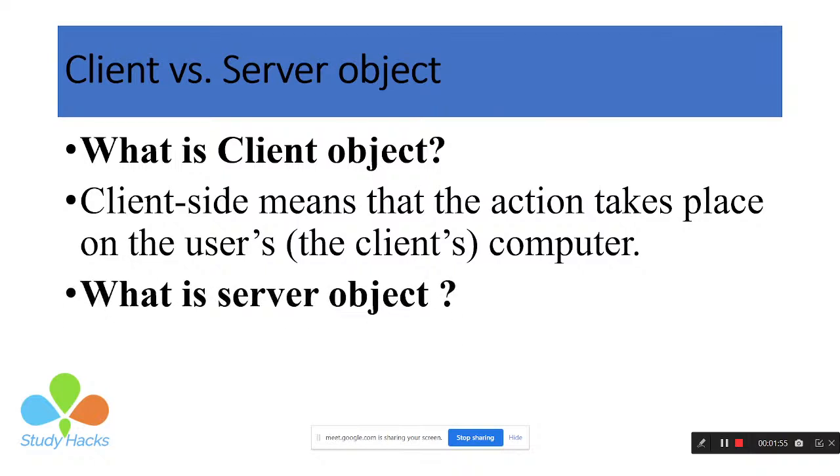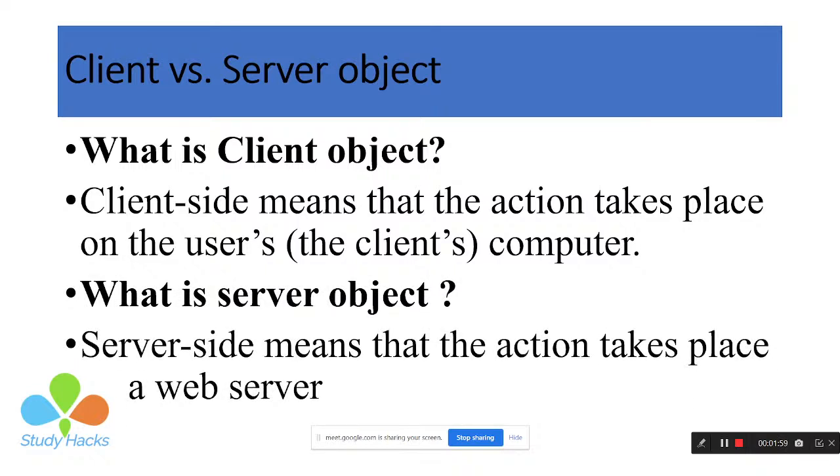But when you want to work with the server object, server side means that the action takes place on a web server, so it has a relation with the web server.